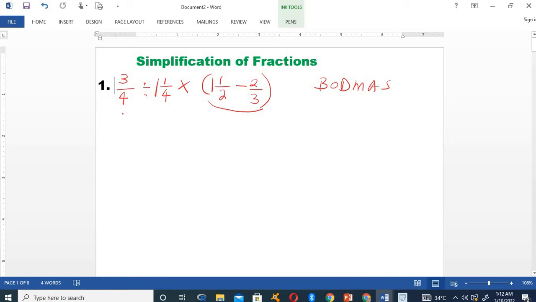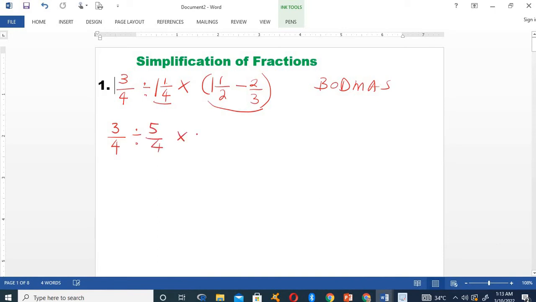Okay, so here this 3 over 4 is a proper fraction, so I'm not doing anything to it. Divided by, I have this mixed number here, so I'm going to change it to improper fraction by multiplying 4 by 1 and then add the numerator 1 to it, and that gives me 5 over 4.